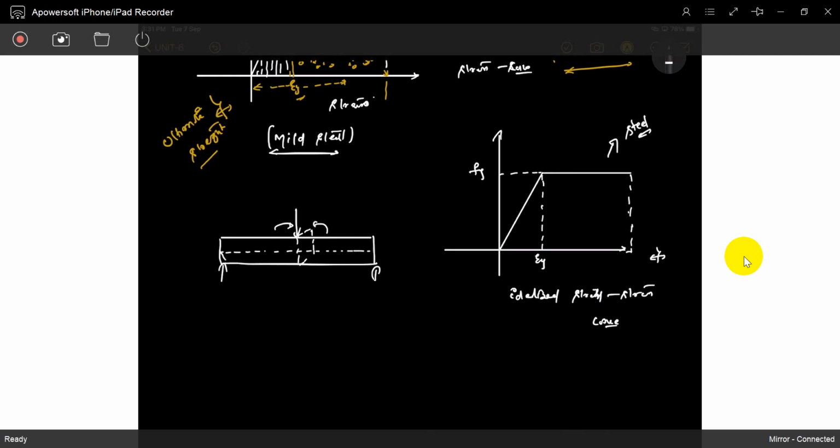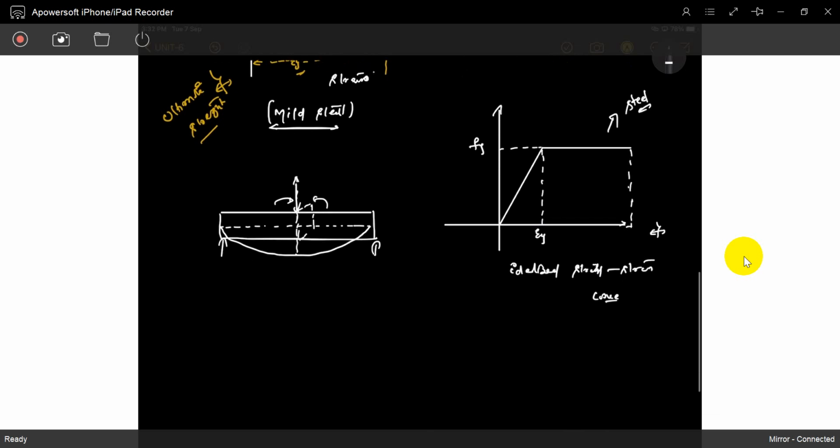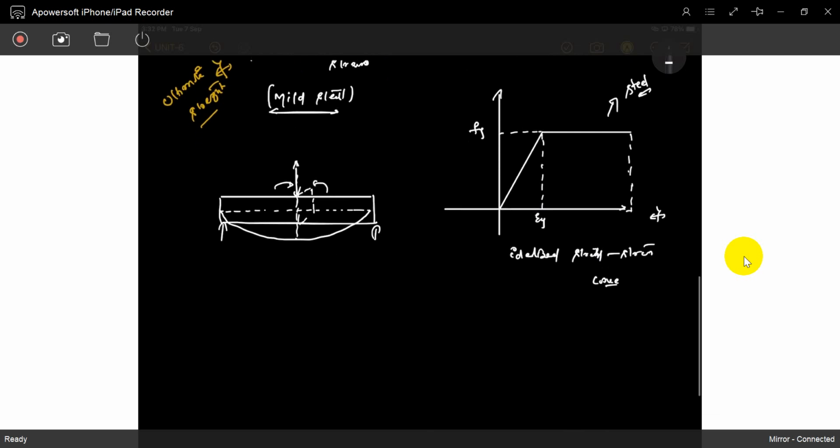Understood? Most probably this is where the maximum moment will occur. So what will happen in that section? Just understand. Maybe that section is rectangular, or let's take it as an I section. Rectangular sections are generally known as rectangle sections.